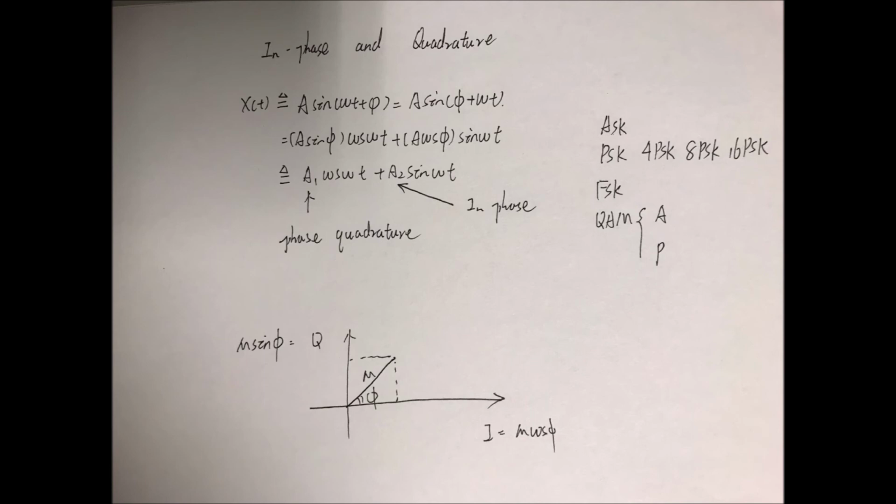Okay, so phi will be arctangent of Q over I, Q over I. So if you have a targeted phi in your mind, you can play with your Q and I, get this phi determined.